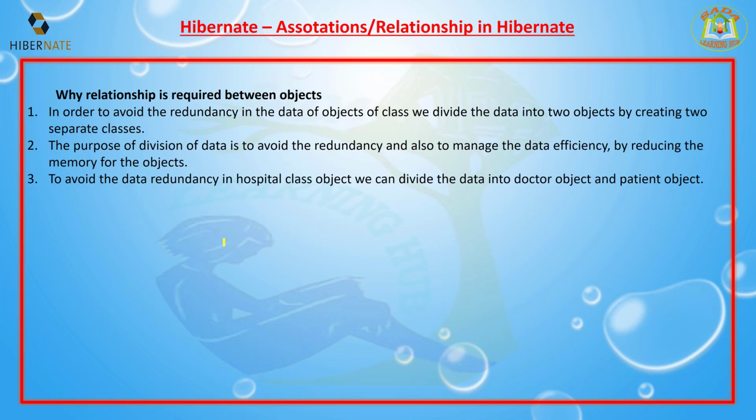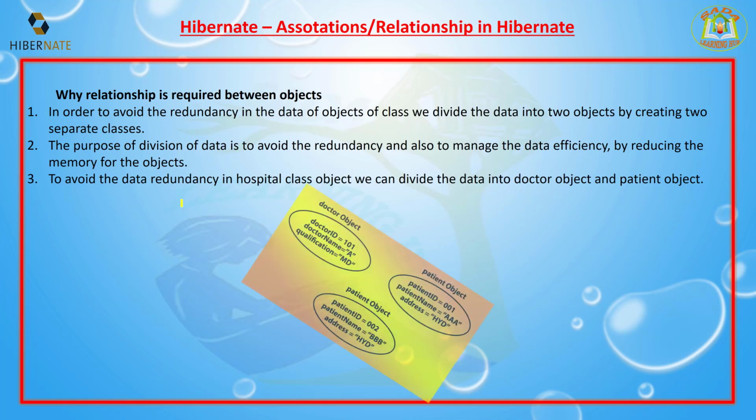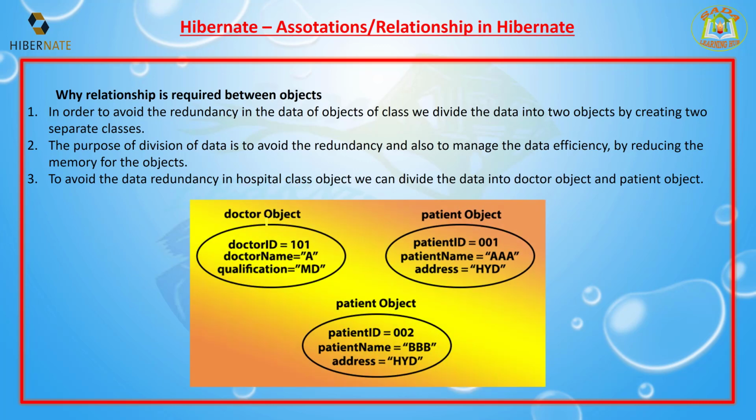In order to avoid the redundancy in the data of the objects of a class, we divide the data into two objects by creating two separate classes. I create a doctor class and a patient class separately. Now I am creating only one doctor object, and the doctor object is bound to the patient object.